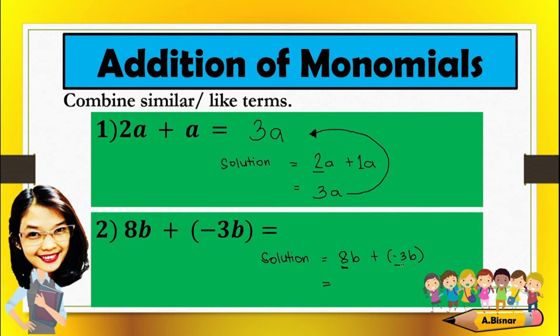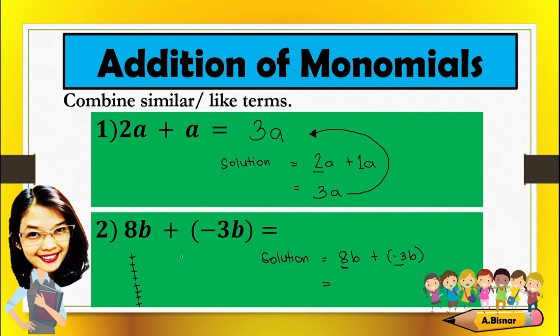However, the numerical coefficients in here are positive and negative. Now, how are we going to add it? So we have 8 positive: 1, 2, 3, 4, 5, 6, 7, 8.